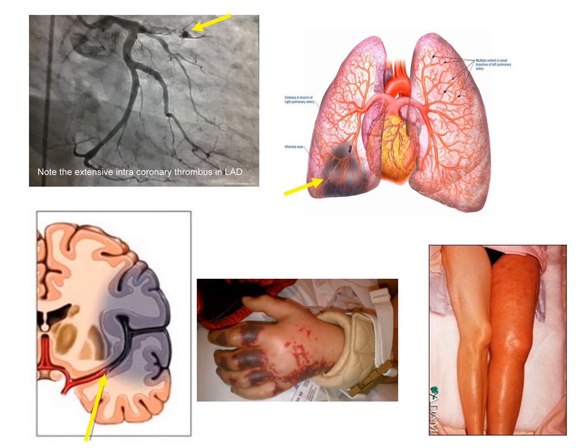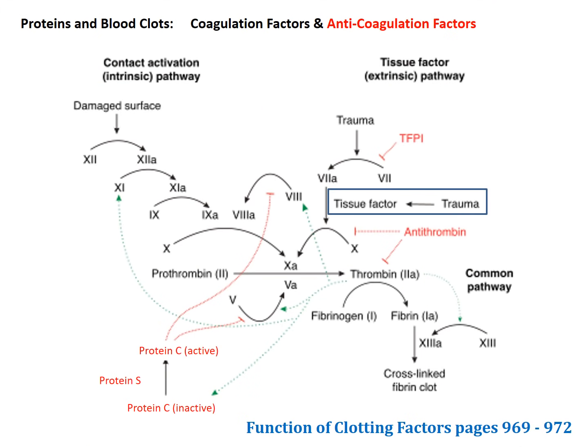So we're going to use this just as a foundation to talk about clotting, and we're going to use DVT, deep venous thrombosis, as our primary clinical syndrome of abnormal clotting. So a little bit right now and a whole lot more as we get into this course with respect to clotting.